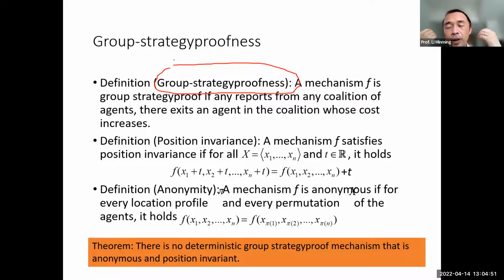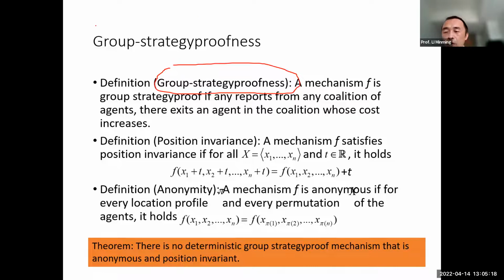Or there is a weaker version where a group of people cheat together and nobody will be worse off, but somebody becomes better off, and they will also cheat. So there are different versions of group strategy proofness. And the coalition here can be any group of agents. We do not limit who can join together to misreport.